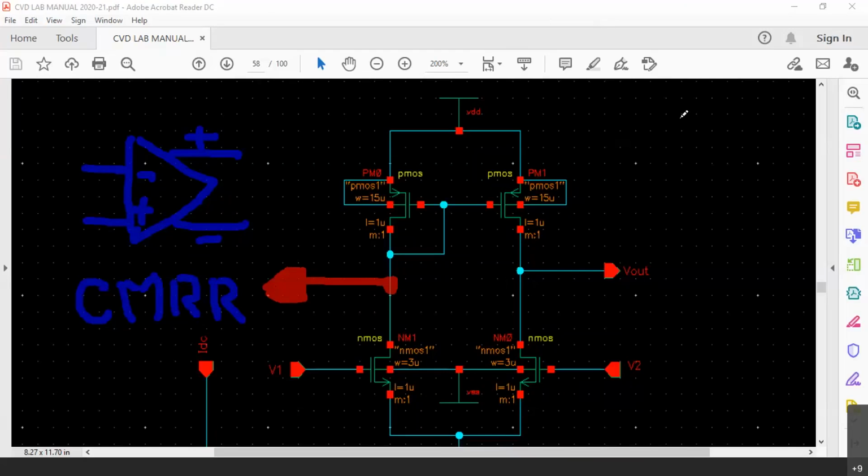Okay, the answer is input is differential, output is also differential. Noise will always be common. There is nothing called differential noise because noise is a random occurrence. Signals can have phase relationships. Noise will not have such a phase relationship because noise is an unpredictable signal occurring in the channel, in nature, or in the atmosphere.